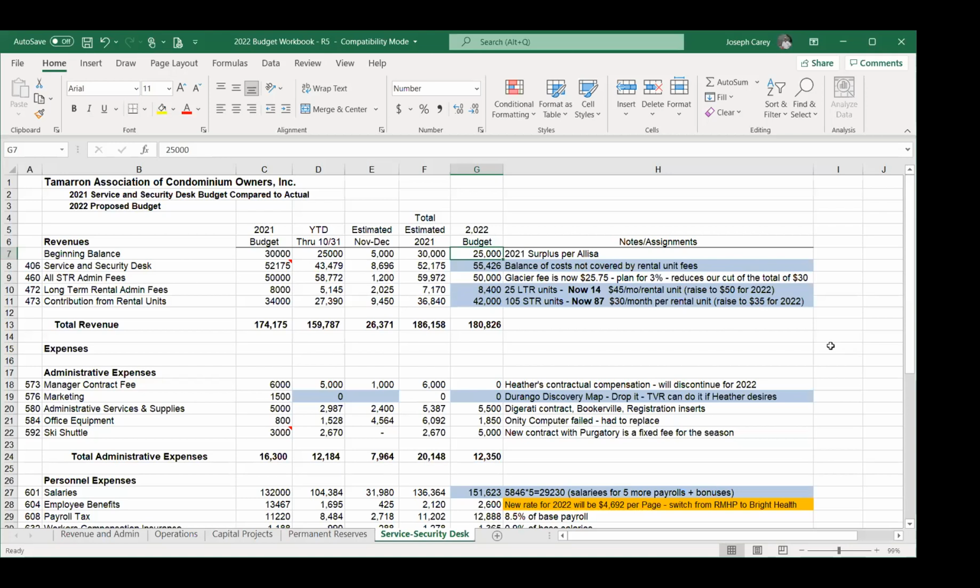Can we verify that? Our balance sheet has an account, and part of it, yes, there's money from past years there. Okay, let's verify what that is. I think in past years what we've said is, we know we've got this surplus from the front desk operations, so let's not use it all in one year.